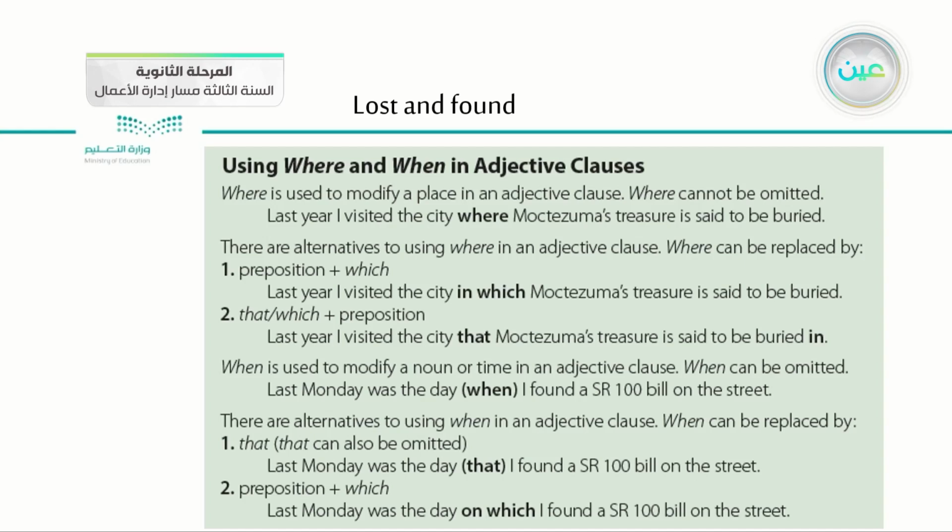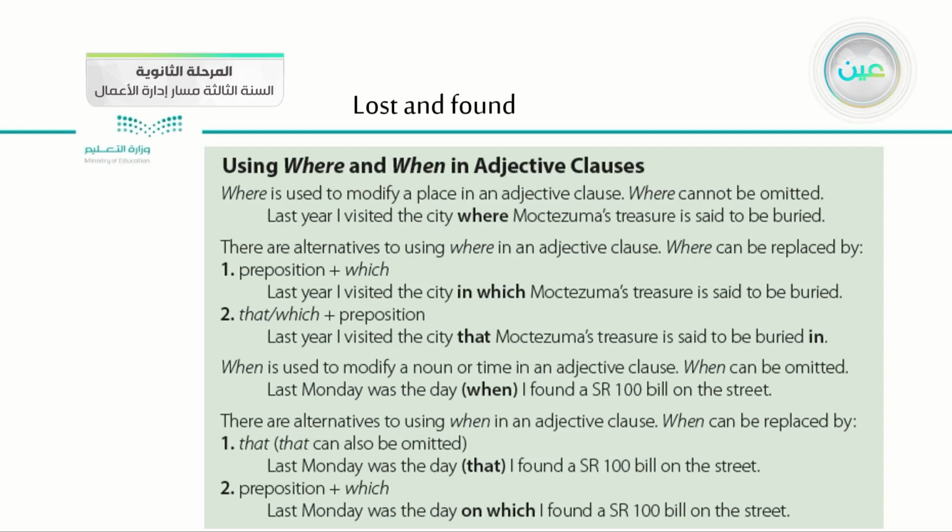And of course, here we have when. We discussed when, and we said that we use when to modify a noun of time in an adjective clause. Actually, it's the same with where, but as you see here in this example, last Monday was the day when I found a 100 riyals bill on the street.